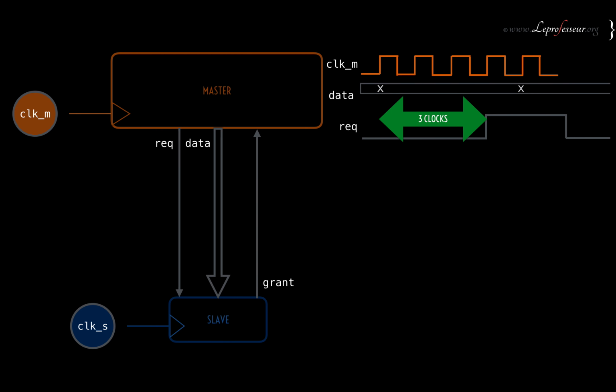In this example, let's say request must only get asserted by the master if the data is stable for 3 clocks. The data should not change for 3 clocks. If the request gets asserted within 3 clocks, we have a problem. So how do we detect it?